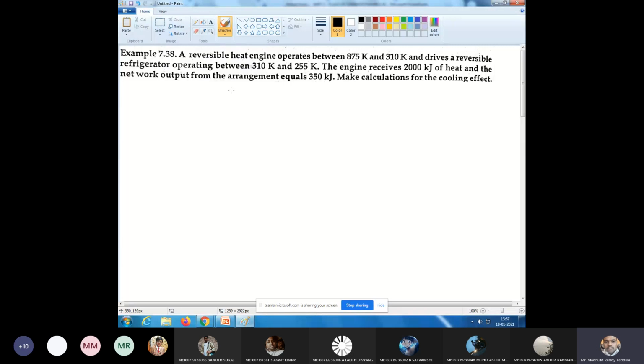I will share the screen with you. Look here. The first heat engine operates between 875 and 310. This is the source temperature, 875 Kelvin, and this is the sink temperature, 310 Kelvin.